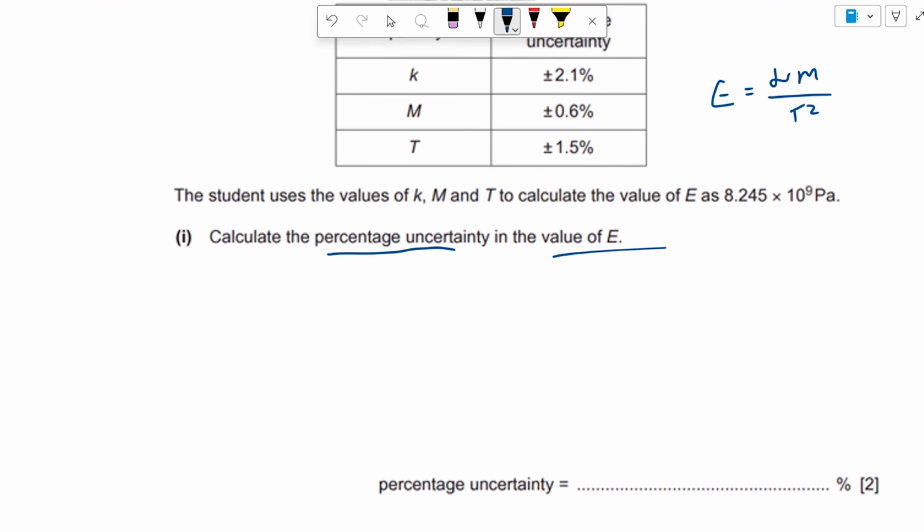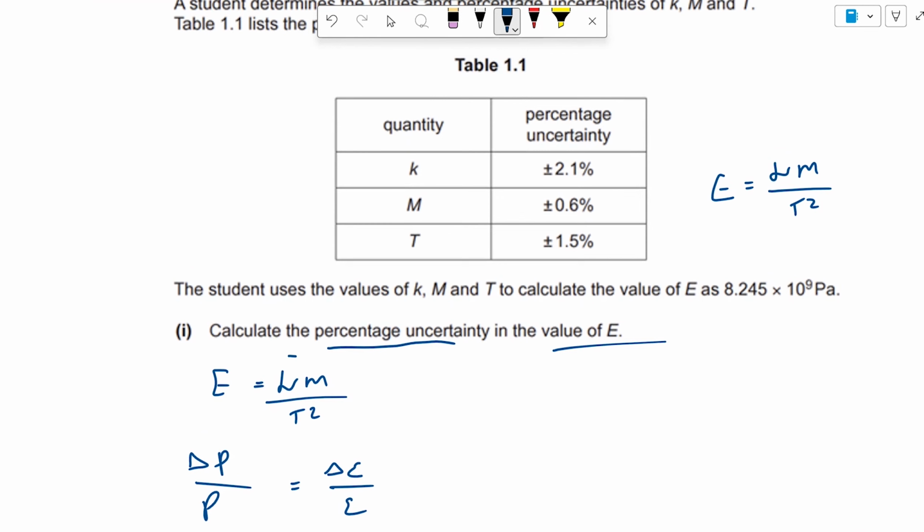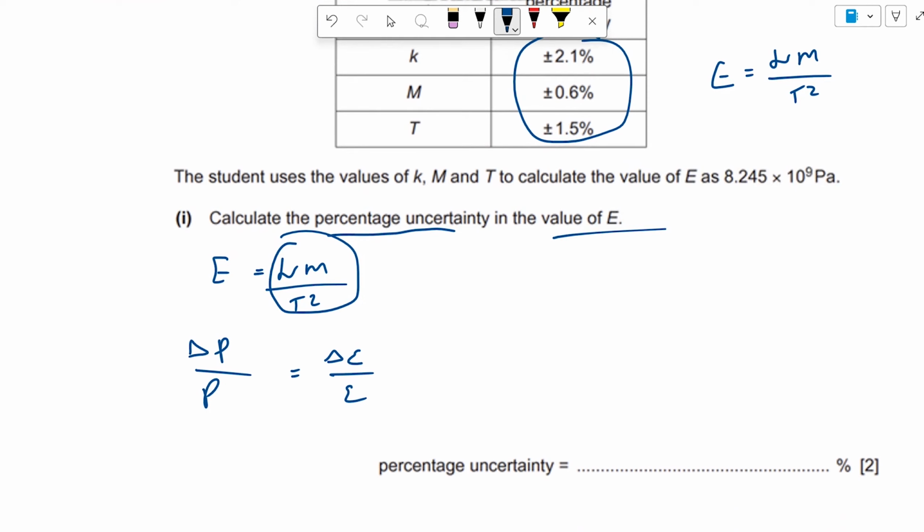Okay, the percentage uncertainty of E, km over t square. So we know that the percentage uncertainty would be delta E over E, but all the values of these are already in percentage uncertainty, so we can simply add.